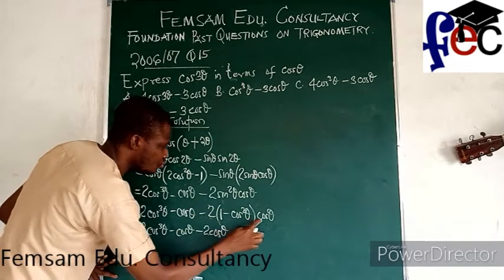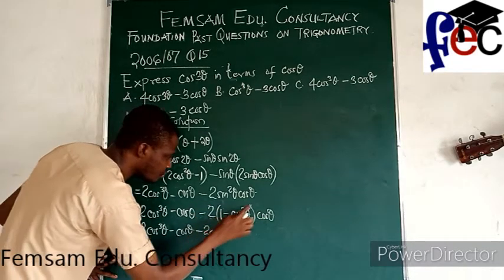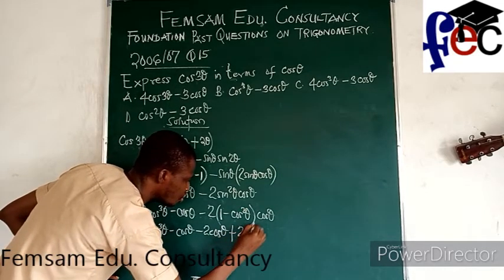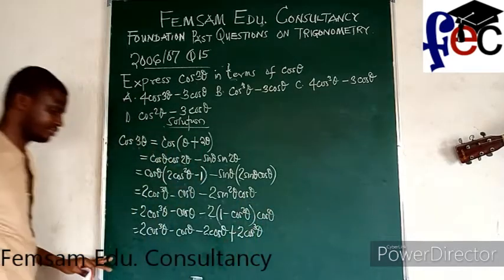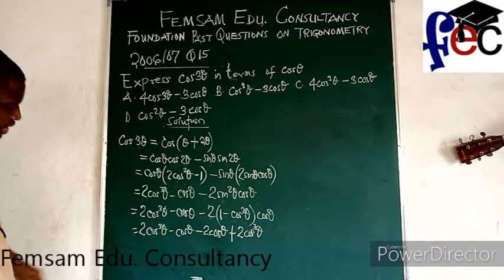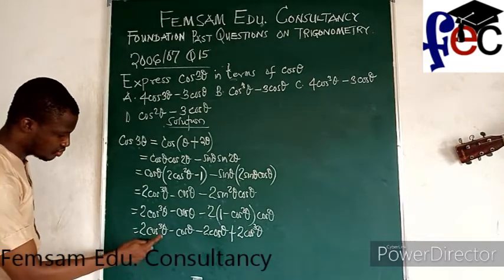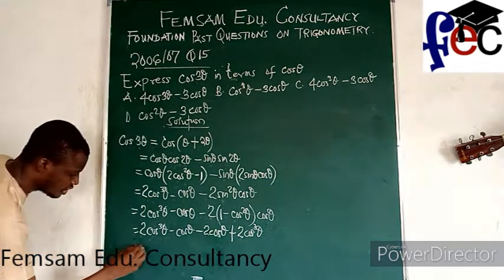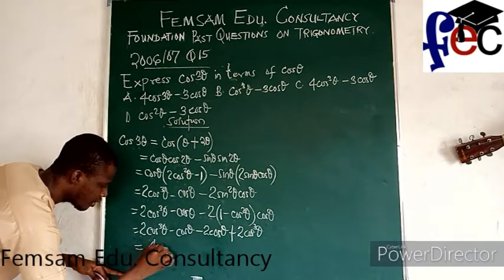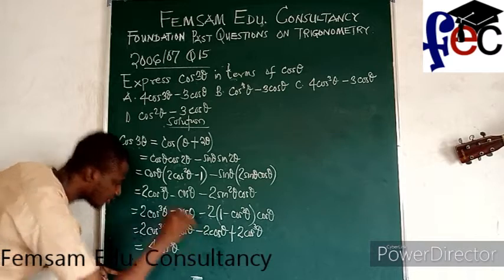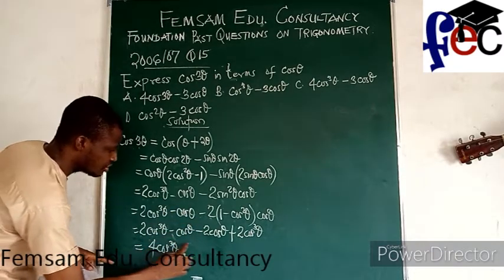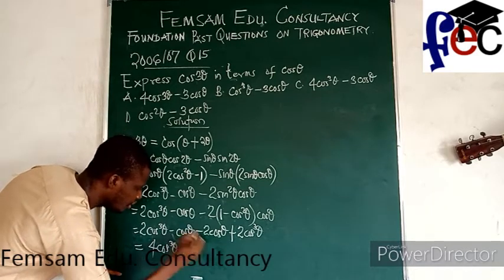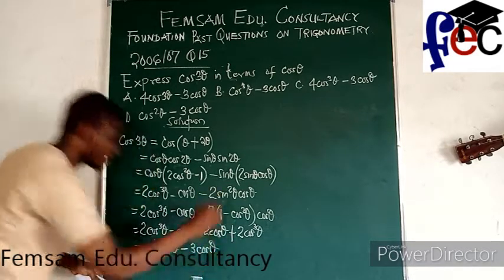Then minus 2 cos theta times minus cos square theta will give me plus 2 cos cube theta. My duty is now to collect like terms. I can see 2 cos cube theta here, and 2 cos cube theta. If I add them together, that will give me 4 cos cube theta. And if I add this together with this, it will give me minus 3 cos theta.